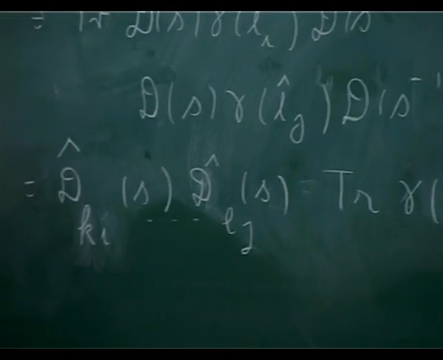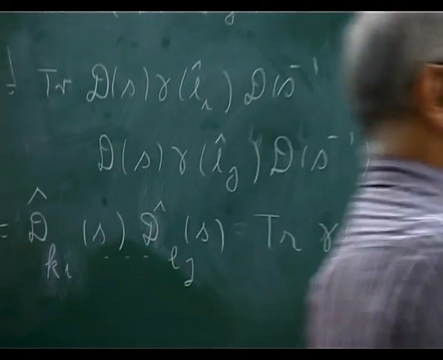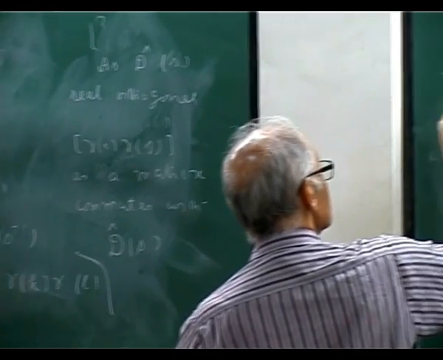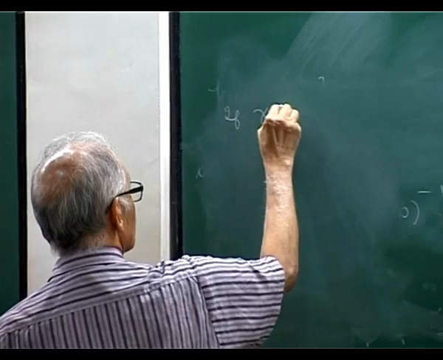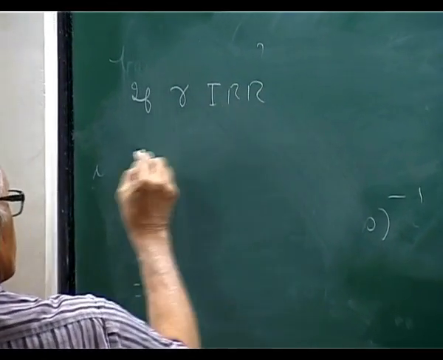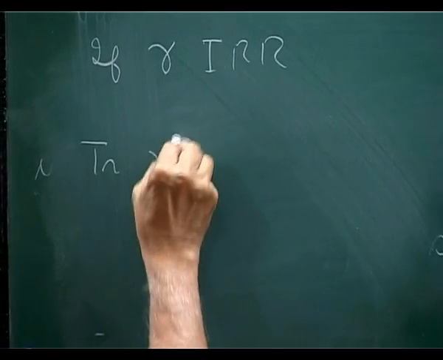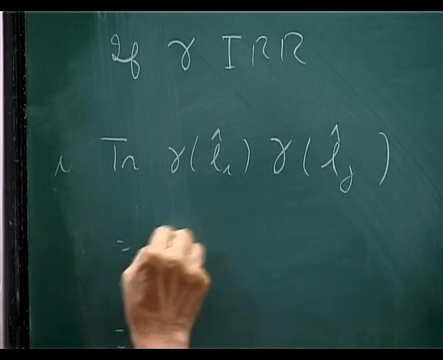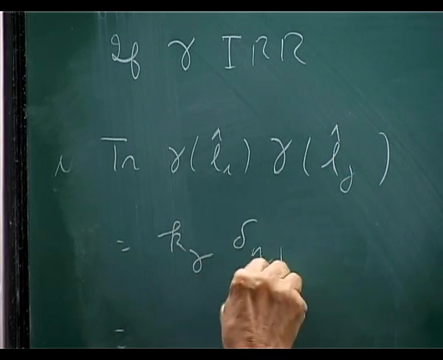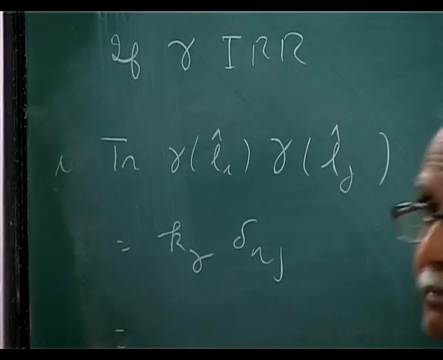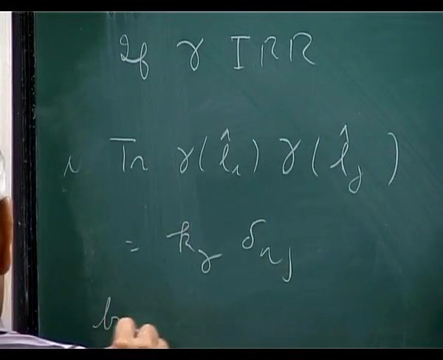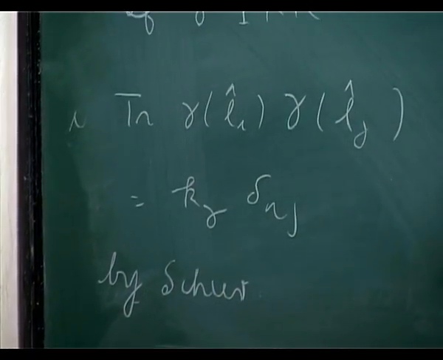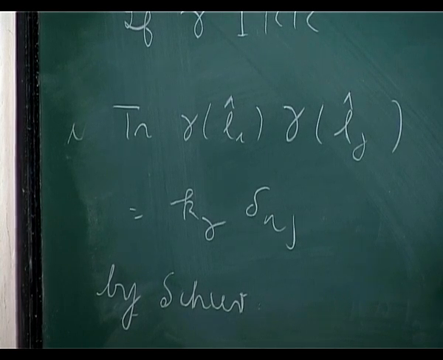If gamma is irreducible, it says the trace of gamma of L hat i, gamma of L hat j is k of gamma delta ij, by Schur.